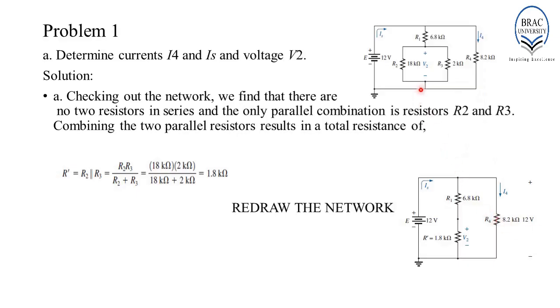The only change will be in this portion of the network where the parallel combination of R2 and R3 will now be represented by the equivalent resistance R prime, which equals 1.8 kilo ohm. Now, we know that R2 and R3 are connected in parallel, and in a parallel combination, the same voltage drop will be across both the elements. Hence, now V2 will be the voltage drop across R prime.